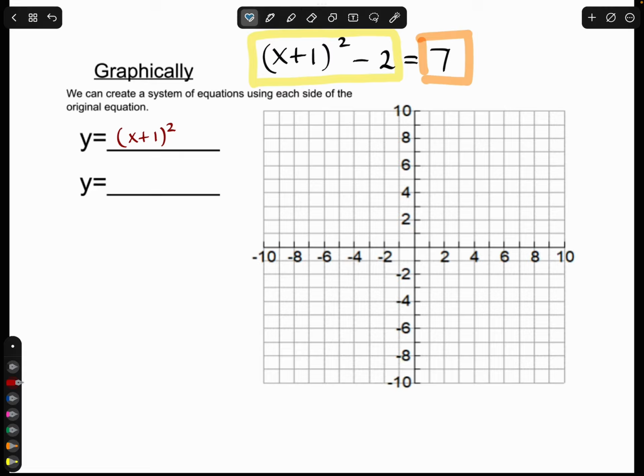So the function on the left would be y = (x + 1)² − 2, and the one on the right would be just y = 7. Let's graph each of those. The first one we know is going to be a parabola with a locator point at (−1, −2). We've got standard growth, so over 1 up 1, over 2 up 4, over 3 up 9.